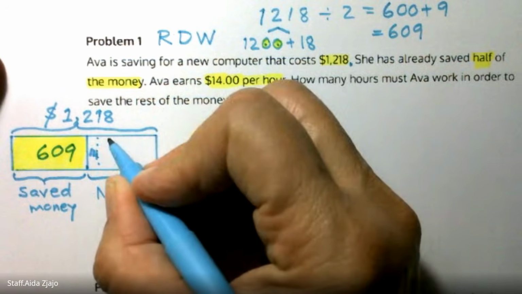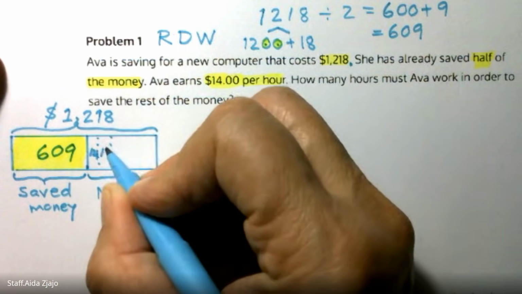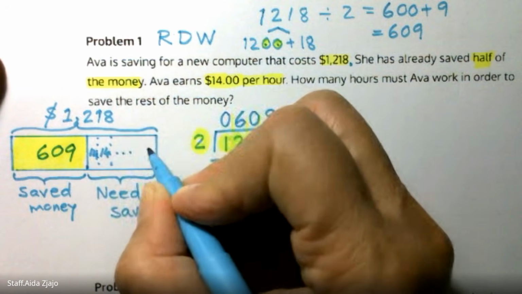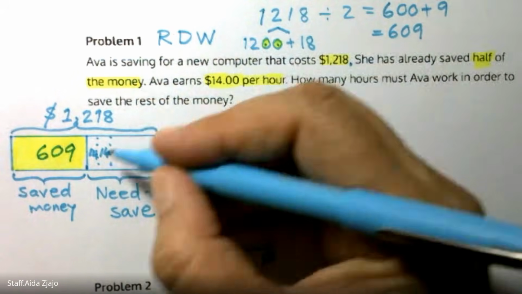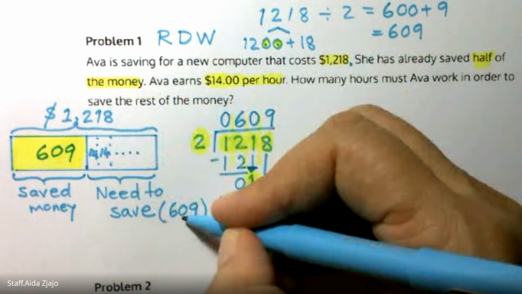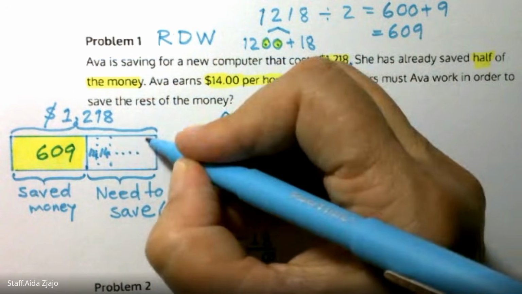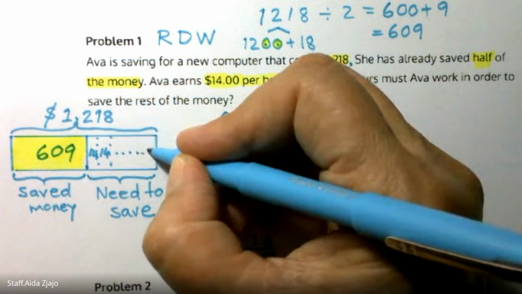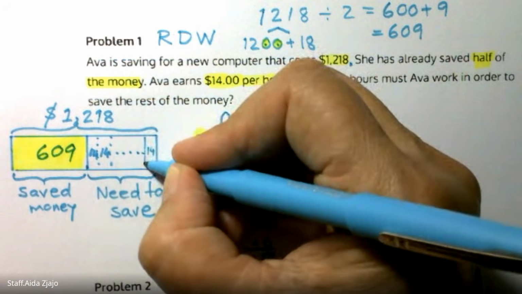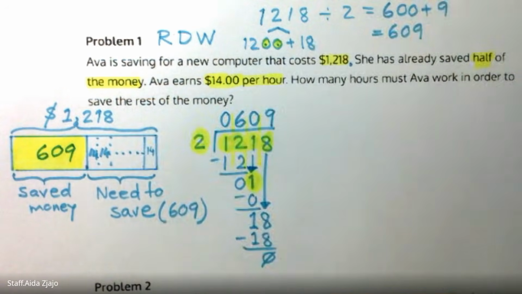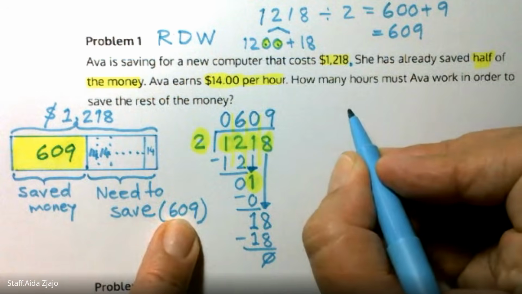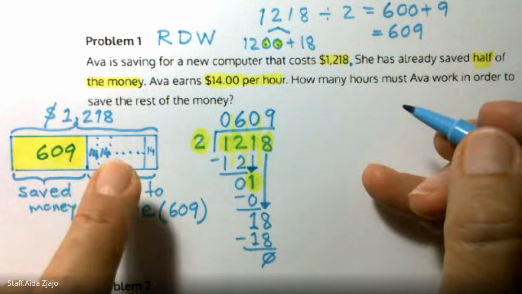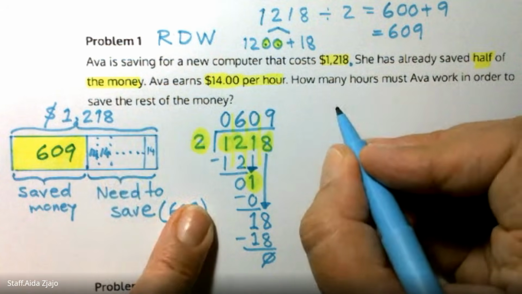How many units of 14 are in 609? All right, I hope that makes sense to you. So you need to take 609 and divide it by 14.